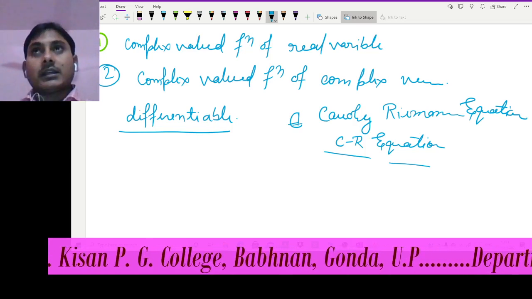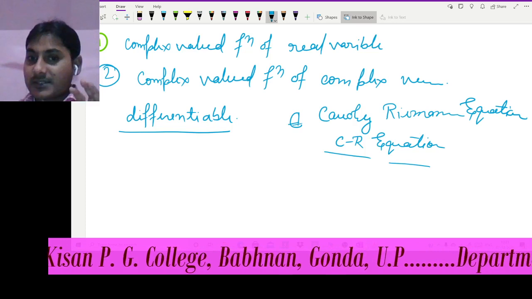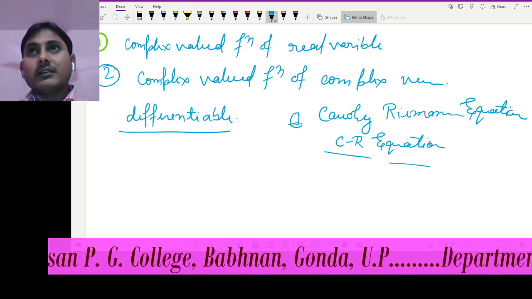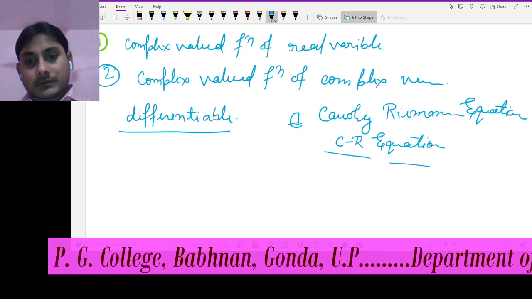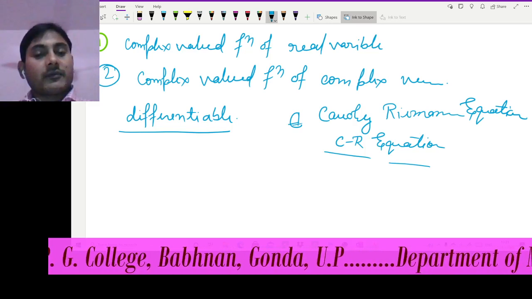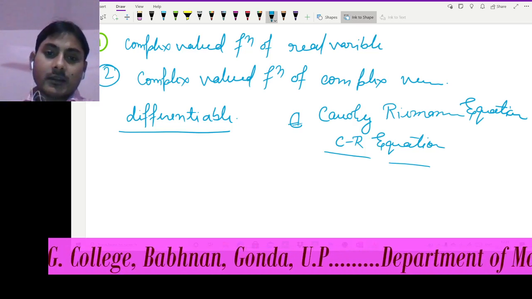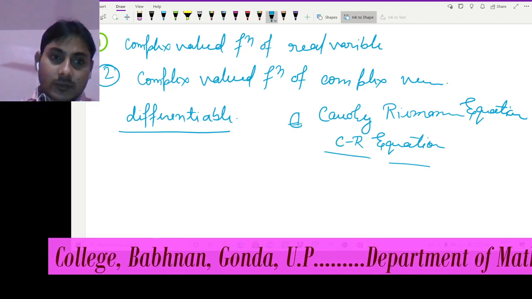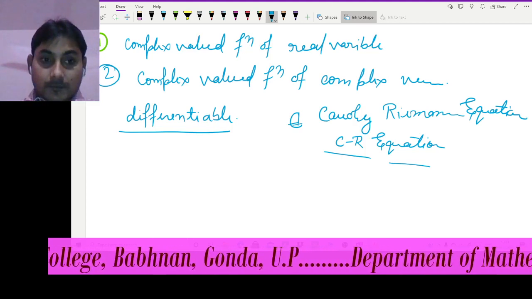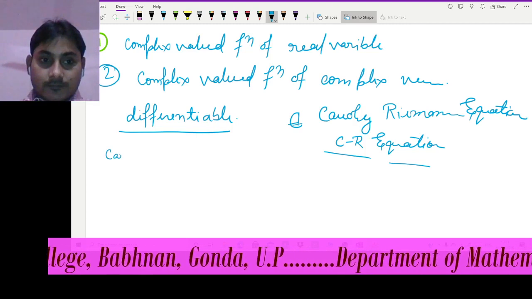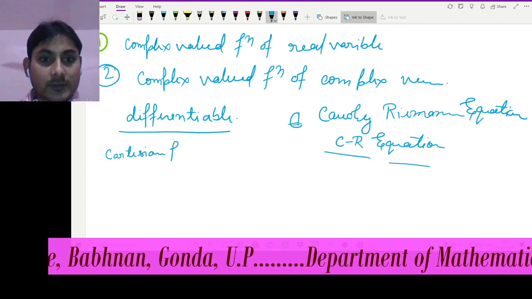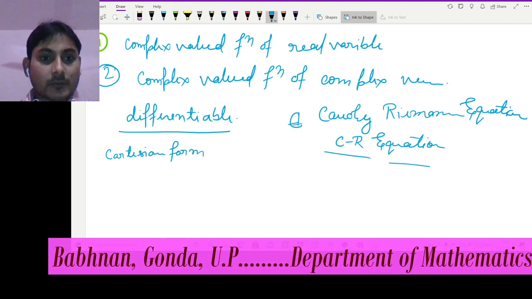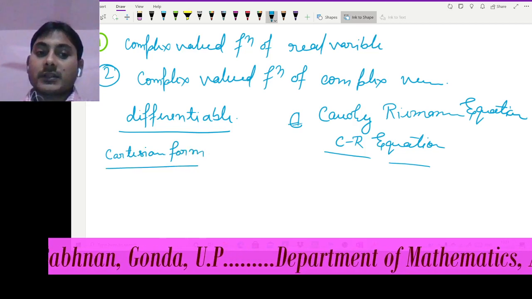Because I have written a particular book on this Cauchy-Riemann equation during my MPhil, I know several forms of it. So I am going to give first the Cartesian form of the Cauchy-Riemann equation.